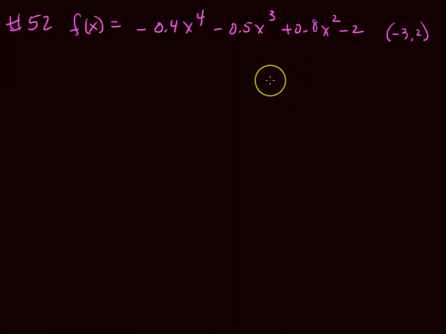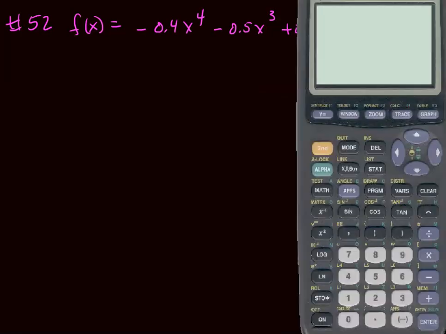Let's put that in. We have our calculator right here. And we go to y equals, clear out the old one. For this, don't use subtraction, use negation, negative. And you don't need the 0.4x to the 4th.